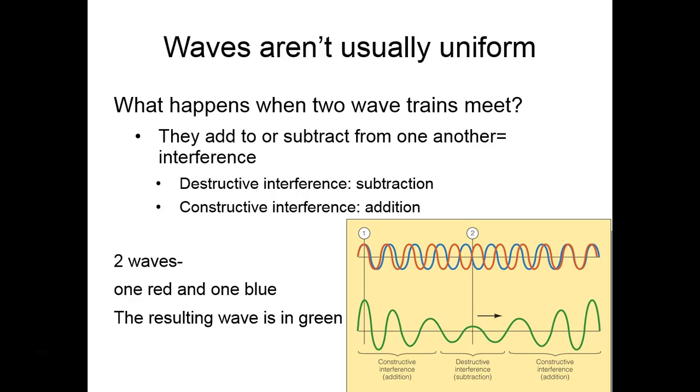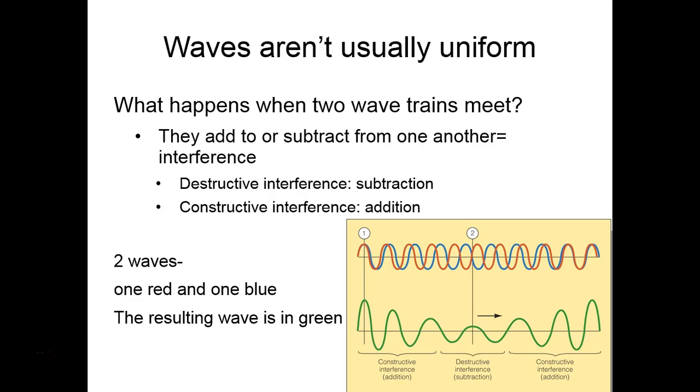So if you're sitting on a beach and you're watching a wave train, you're watching a set of waves come in, usually you'll see a big wave and then maybe a smaller wave and then a bigger wave, or three smaller waves and then a big wave or something like that, right? They're not uniform. They're not all the same size. And that's because waves cross over other waves. They are influenced by other waves.